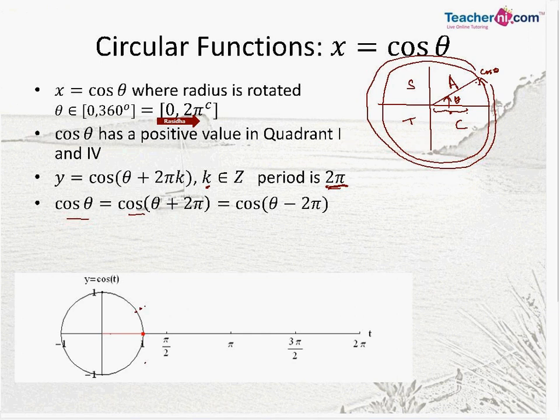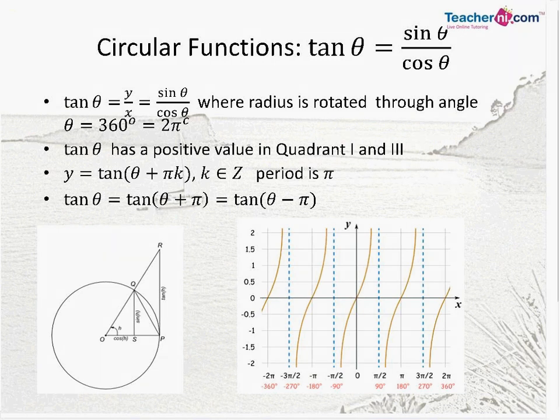Now let's see what happens with tan. Tangent is sine theta over cosine theta, right? It is rotated through 360 degrees, which is equal to 2 pi radians, right? Take the graph of tan.